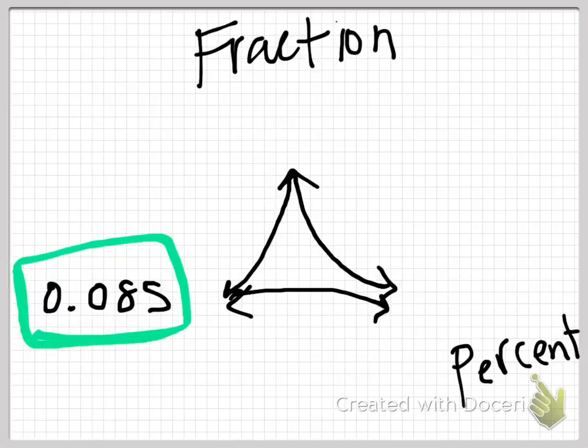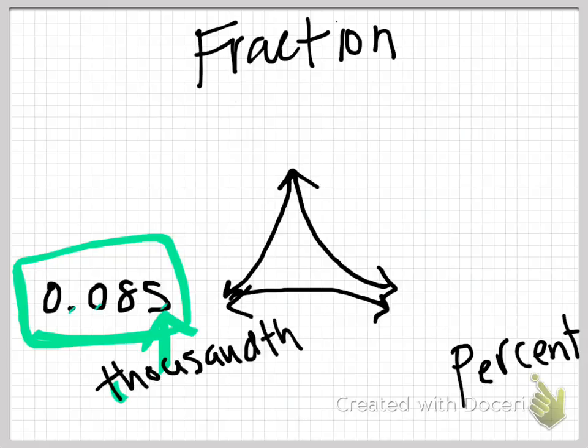A lot of you are used to saying 0.085. No. You need to think back to how you learned how to say this. Well, this 5 is in what place? It's in the thousands.